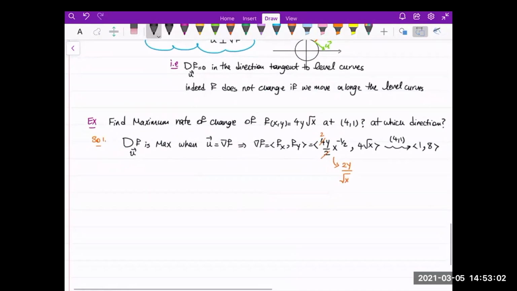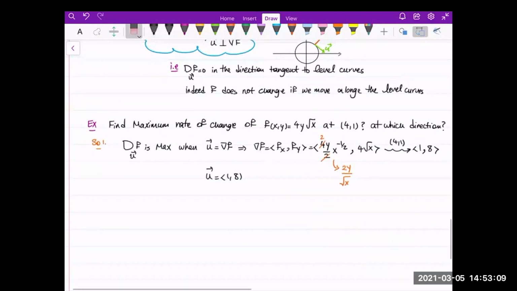Okay, so I have my u equals (1, 8). Pay attention that I need to have the unit vector. So the unit vector, to use the formula, is (1, 8) over the length, square root of 1 squared plus 8 squared. 8 squared is 64. So this is 1 over square root of 65, 8 over square root of 65.